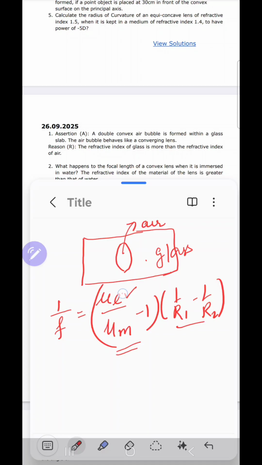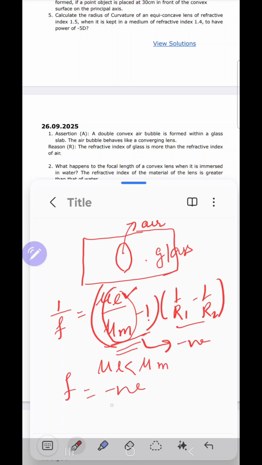So here the lens refractive index would be less than the refractive index of the medium, which is glass. So this whole term would become less than 1, and 1 is being subtracted from a term which is less than 1. So this bracket would become negative. So here f would become negative and the lens will behave as a diverging lens.